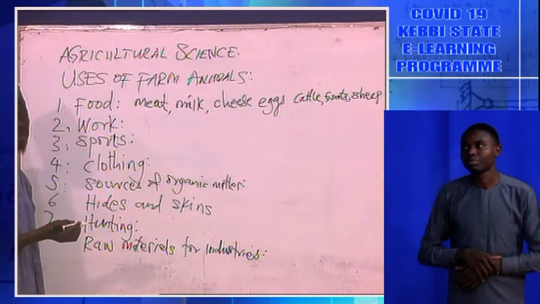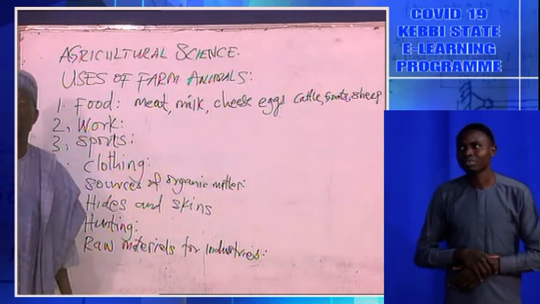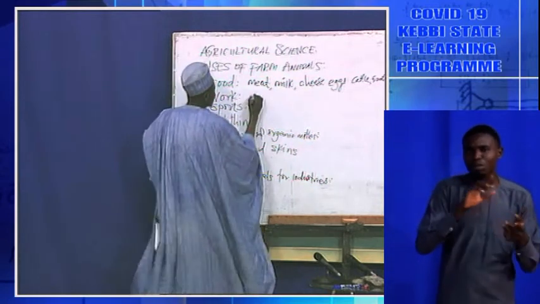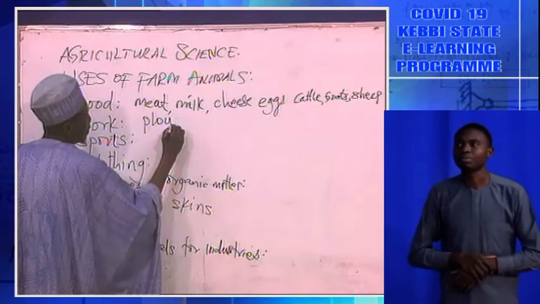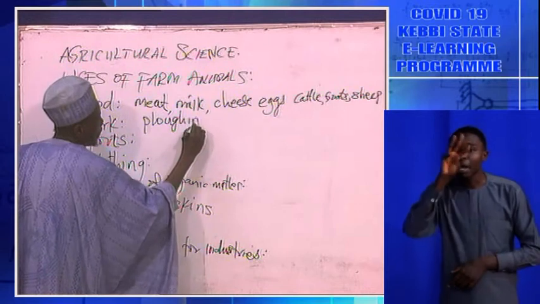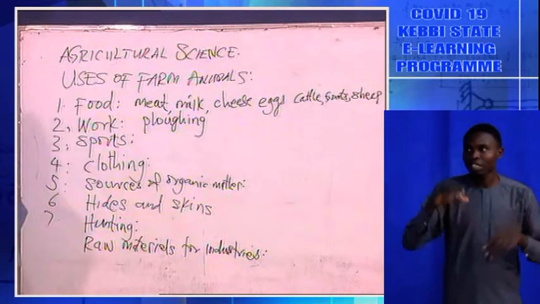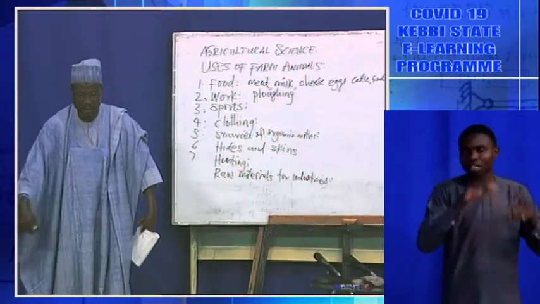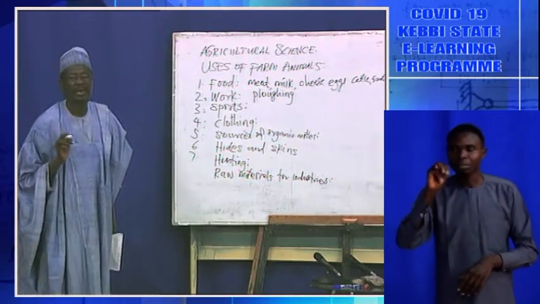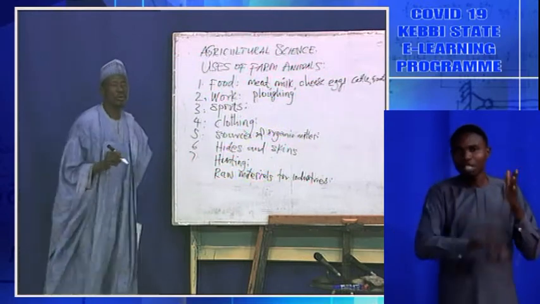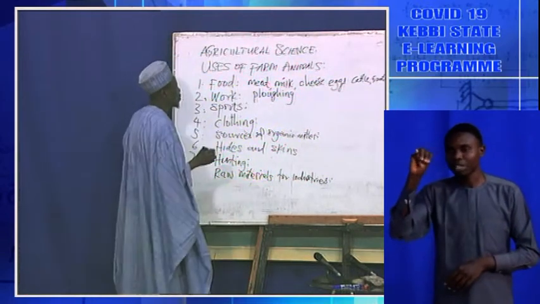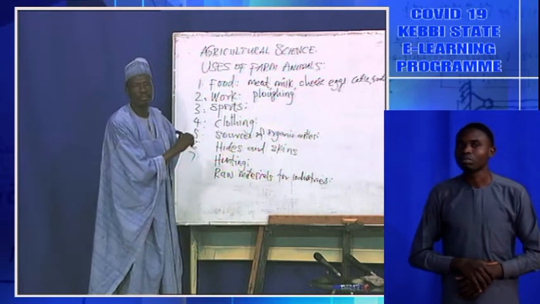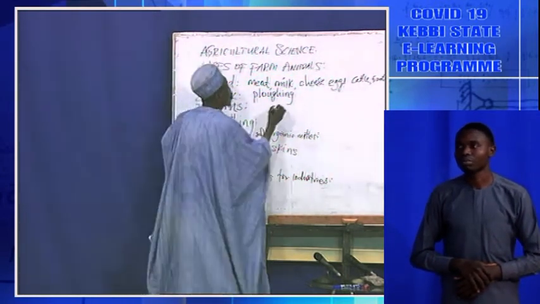What type of work do work animals provide? Plowing. We know plowing, for making ridges and cultivation for planting and production of crops. What types of animals provide this work? We have bulls.